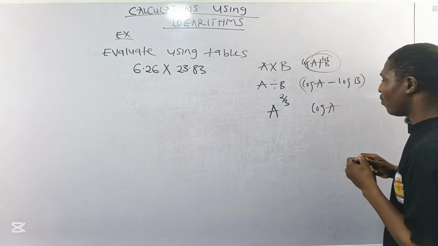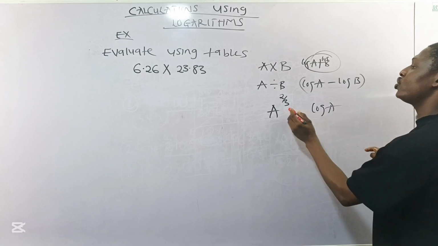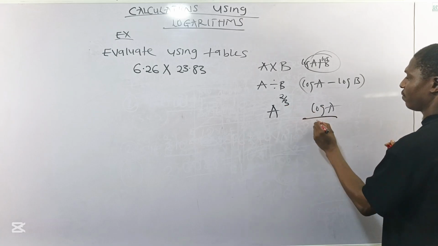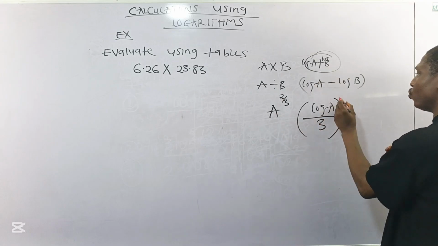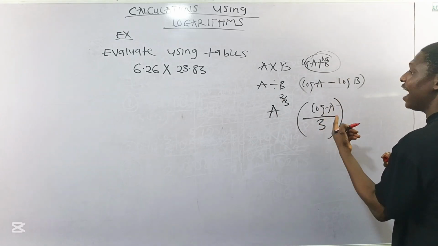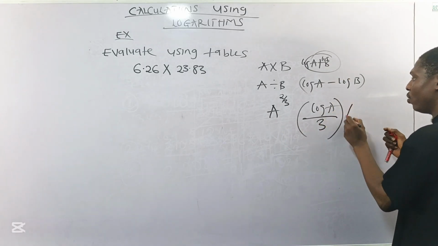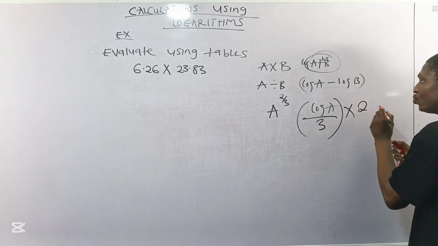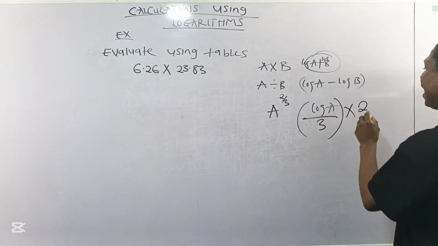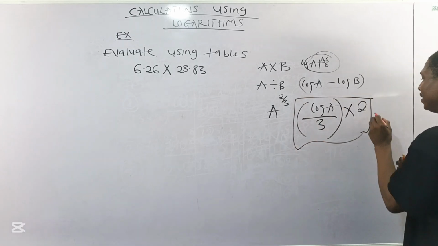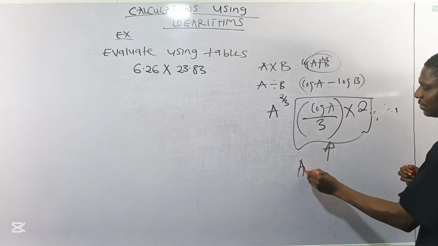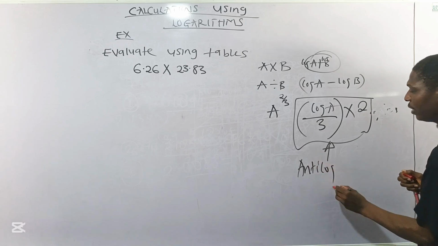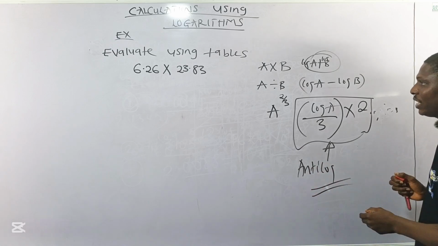After getting my log of a, I will divide through by the root, 3, and then multiply it by my power, which is 2. After doing that, I will take the antilog of this, and this will give me my final answer.